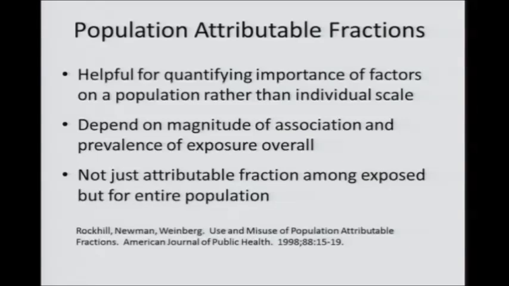And it's not just the attributable fraction among the exposed, which is what we've been doing, looking at the excess cases among the cases in the state, but for the entire population. So we looked at state X versus the US. This would be translating what that means on the population scale and the US scale, so the larger group.